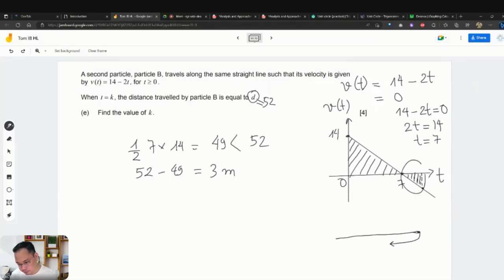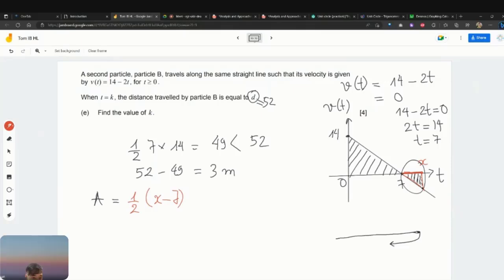That area, the bottom part, is 1/2 of the base times the height. I assume that this time is x, could be 8 seconds or 9 seconds, I don't know. This x value is what I need to find. The base is x minus 7. For example, if x is 8 seconds, the base of the small triangle is 8 minus 7, which is 1.